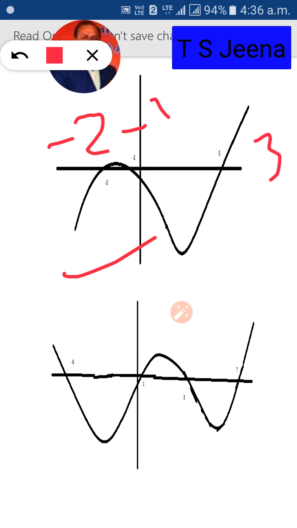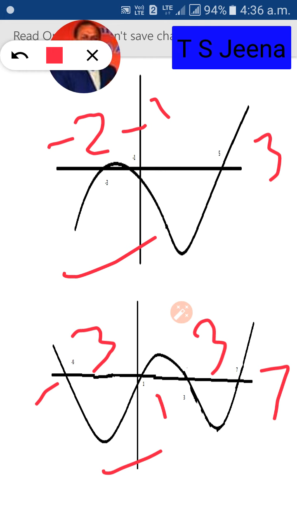These are the values of the zeros. And this one is a biquadratic polynomial, and it is cutting the x-axis at 4 points, so it has 4 zeros, and the values of these zeros are -3, 1, 3, and 7. These are the points, and these are the zeros.